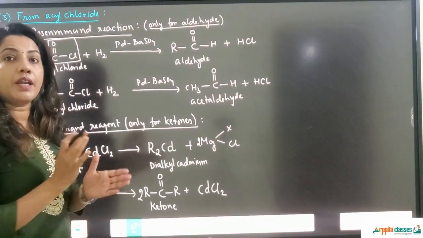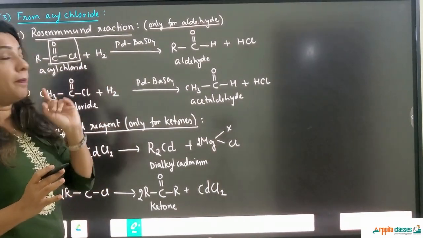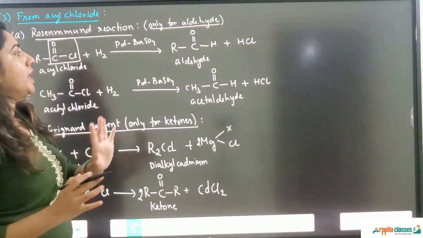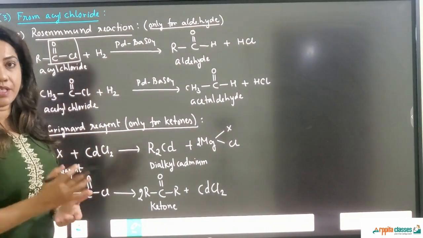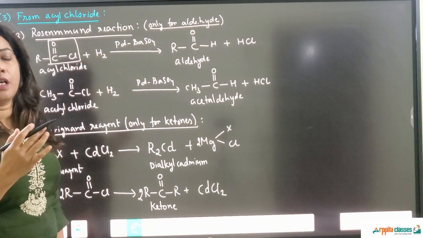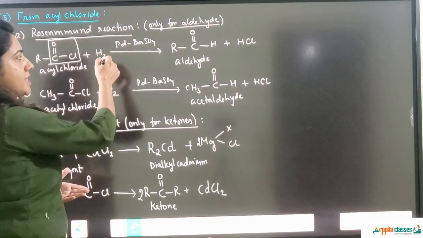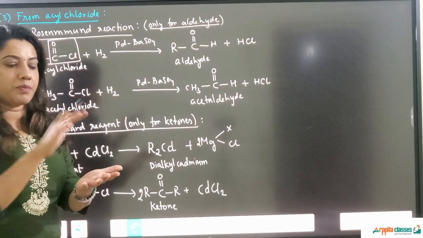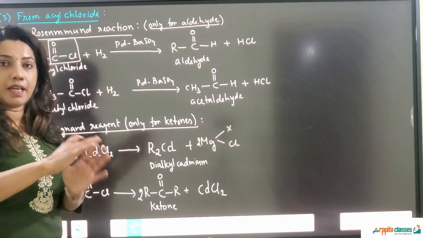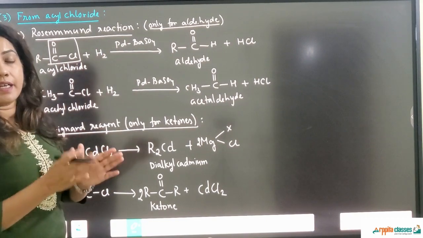So basically it is a hydrogenation process, but the hydrogenation takes place in presence of Pd/BaSO4. So it is a controlled hydrogenation basically. Here hydrogen and Pd is the catalyst, because hydrogen gets absorbed on the palladium metal and gives a larger surface area for the reaction to happen. BaSO4 is a catalyst poison.